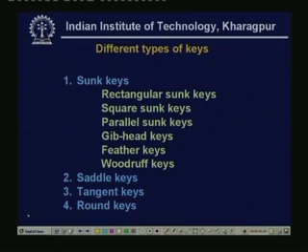Now the purpose of the keys, as I said, is to transmit torque from one shaft to the other shaft. If we have a shaft over here, then this is one shaft.